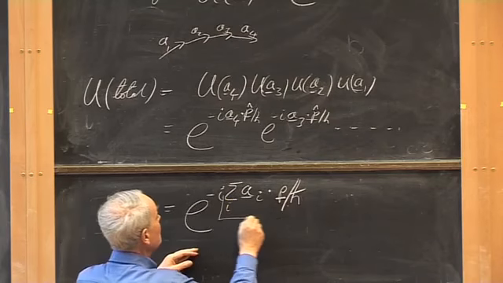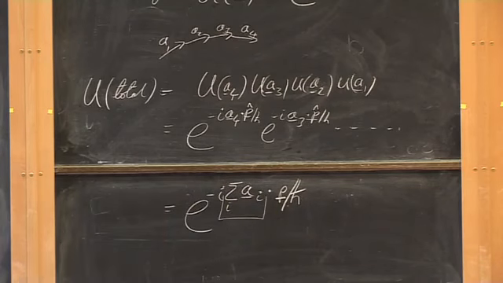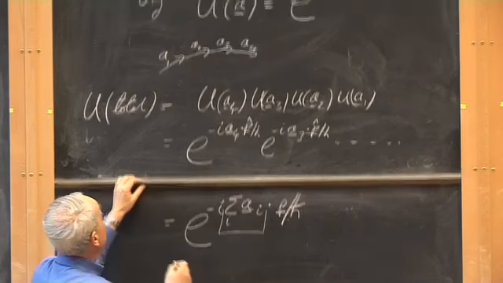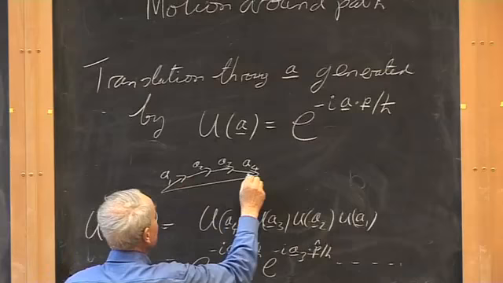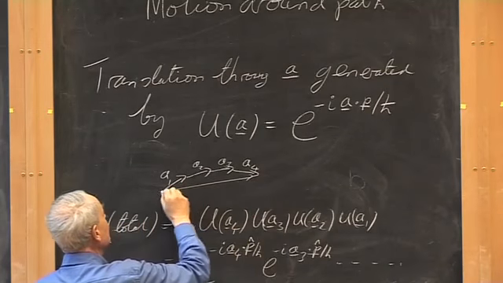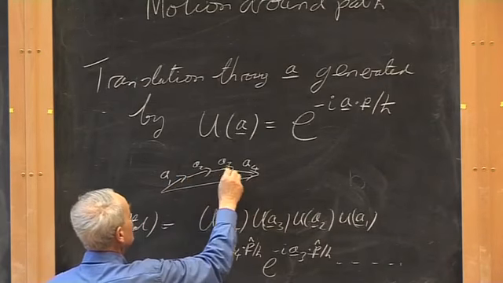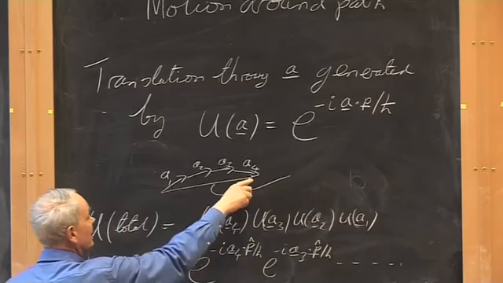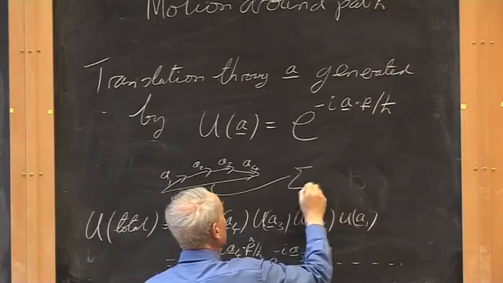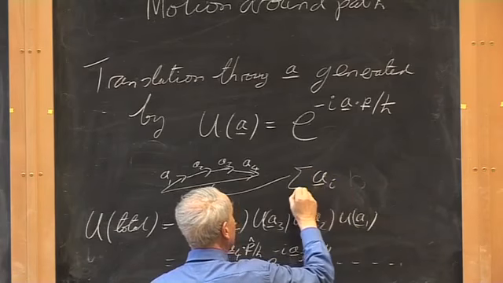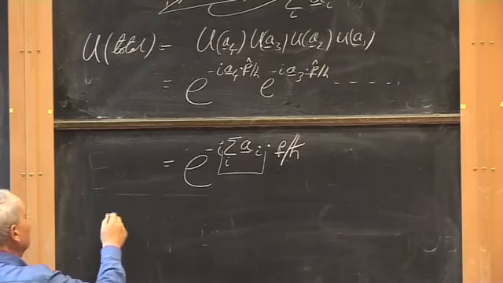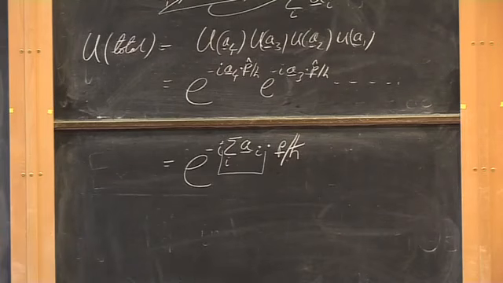It's an operator of exactly the original form, where the displacement is simply the sum of them. So the result of taking it this way and this way and this way and this way, we've just shown, is the same as the result of just taking it in a straight line over the sum of the Ai. So that's a general argument.